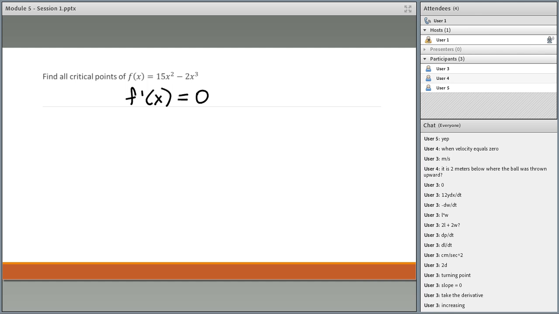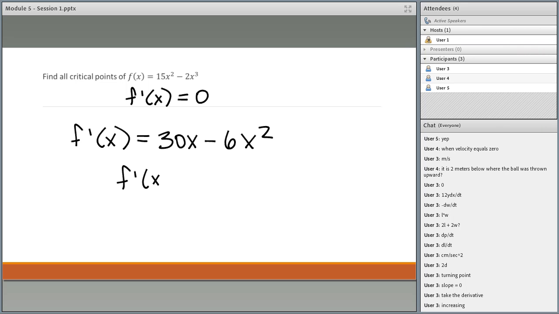I want to find where there's a potential local maximum or minimum, which means the graph is changing directions, so the slope of the tangent line is 0. Well, the slope of the tangent line is the first derivative. So I take the first derivative, and I get 30x minus 6x squared. And I'm going to set that equal to 0.